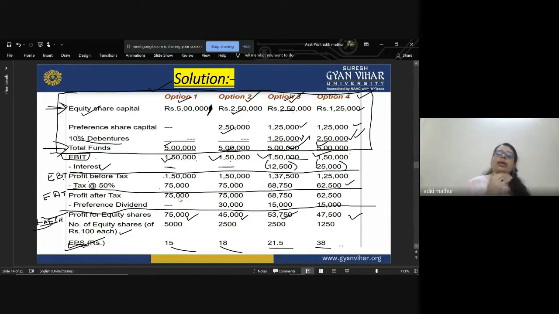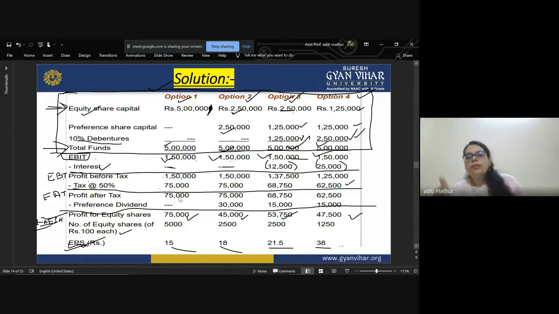It is not the earning available for the equity shareholders which decides which option is to be taken, but it is the EPS which helps you determine the best capital structure. Because down the line, what is your main objective? Your main objective is to maximize your wealth, and EPS is one of the ways through which you can maximize the wealth. So to have the maximum EPS is, down the line, the main motto of the organization.